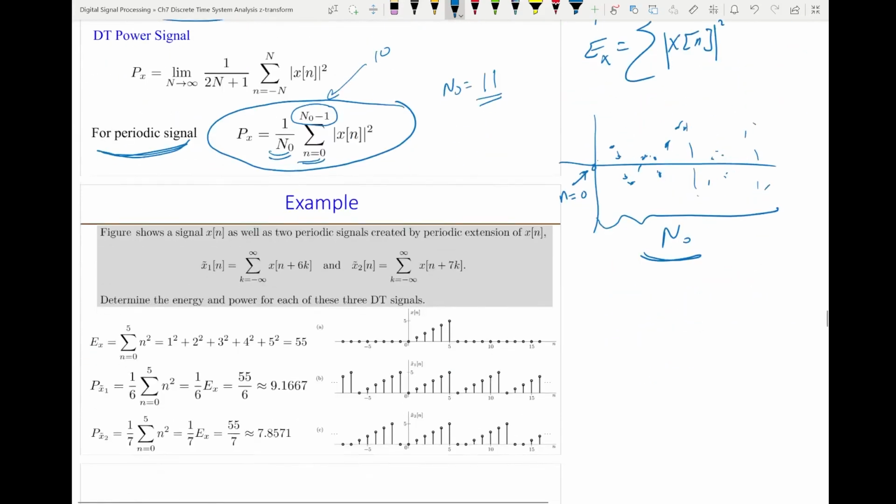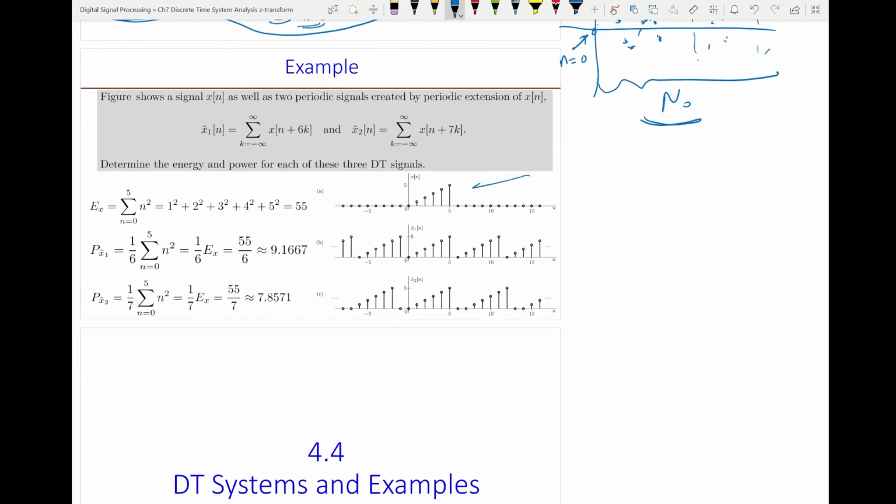Let's look at these examples. I have this signal x of n, and I need to determine its strength. Well, this signal is not periodic, so it will be 0 squared plus 1 squared plus 2 squared plus 3 squared, 4 squared, 5 squared, and you will get 55. Now, this signal is definitely periodic. So first I have to define the fundamental period.